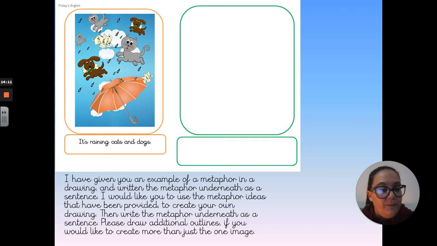Now, this is just one. I'm sure that some of you who have got a particularly creative head for things like pictures and colour and how to bring words to life could probably think, well, I'm sure I could do that for more of them. Feel free to draw out more in your book or onto paper and create as many metaphor drawings as you would like to.